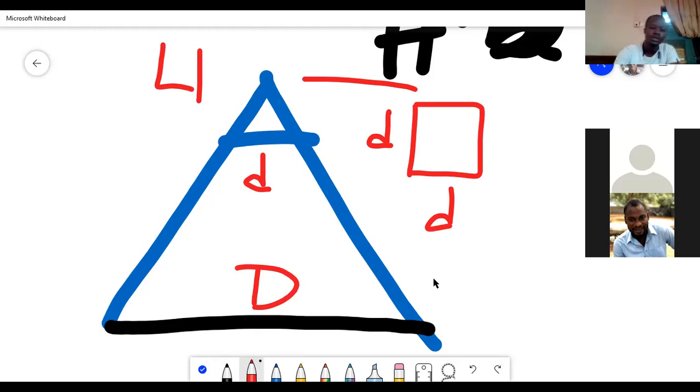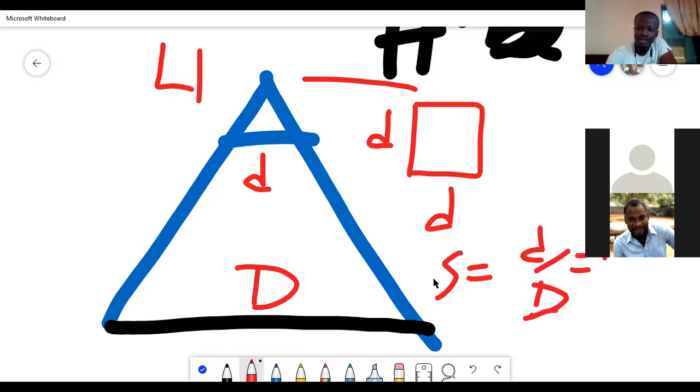Now D over D is scale. So scale is also D over D, same as scale is F over H. Oh, sorry, I should be writing G here. Sorry about that.